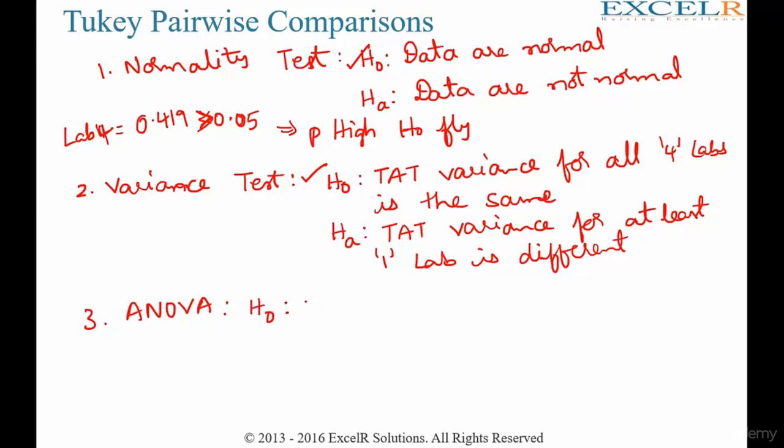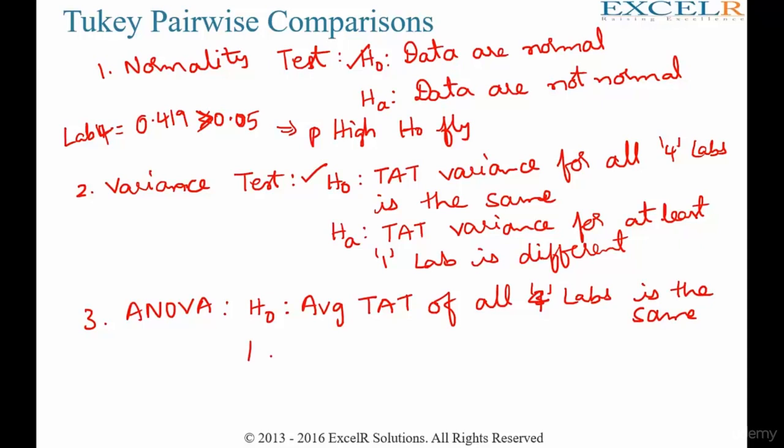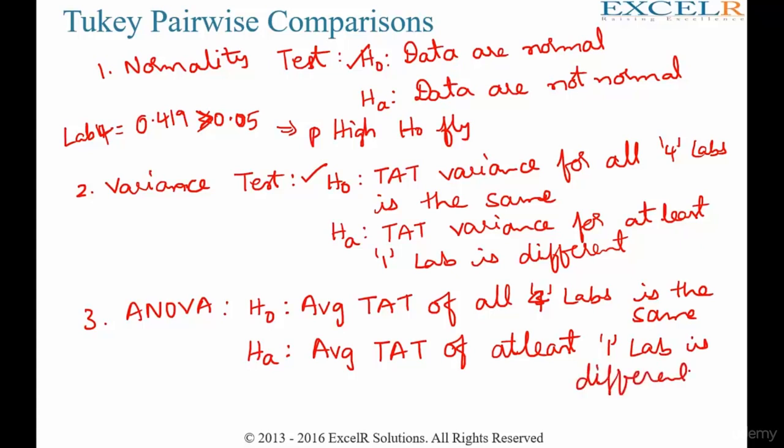Null hypothesis says average turnaround time of all 4 labs is the same, and alternate hypothesis says average turnaround time of at least one lab is different. Okay, sorry, my bad. Okay, so let us do this.